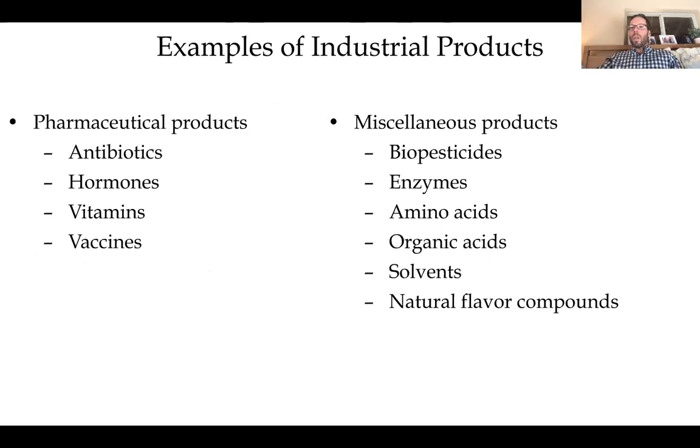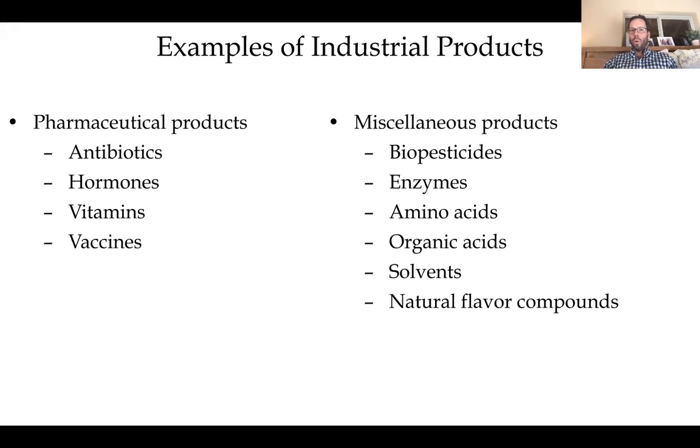Some more examples of products that we make using microbes in industry. Well, antibiotics, right? Obviously, hormones. So, for instance, when we have certain deficiencies, there are all kinds of hormone therapies that are provided to patients, right? And it used to be that those hormones were purified from oftentimes pigs.